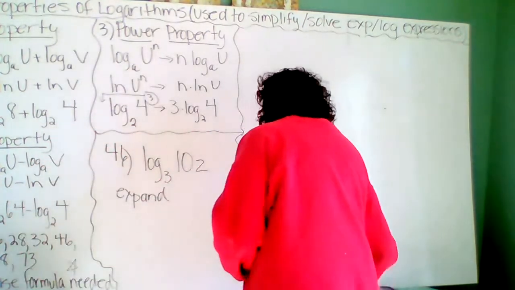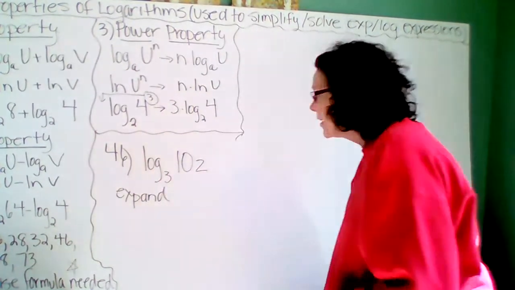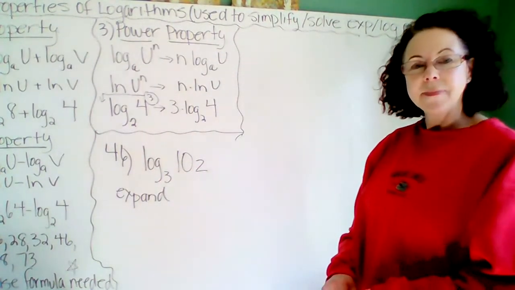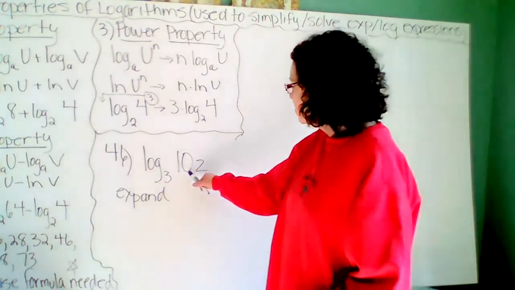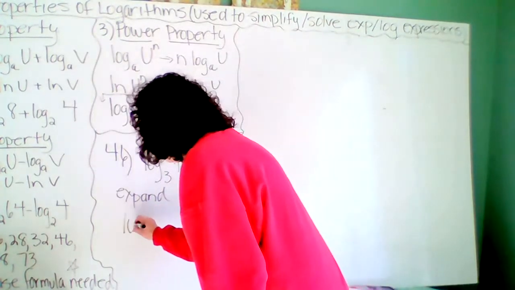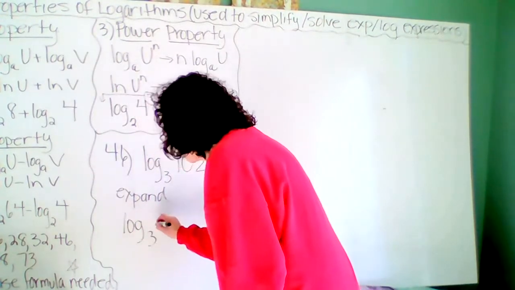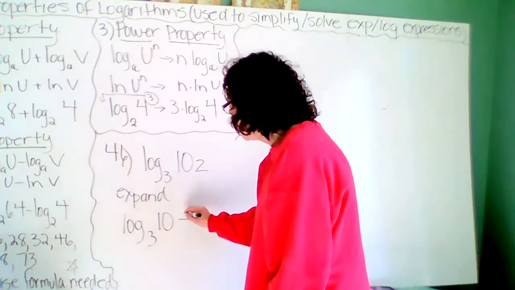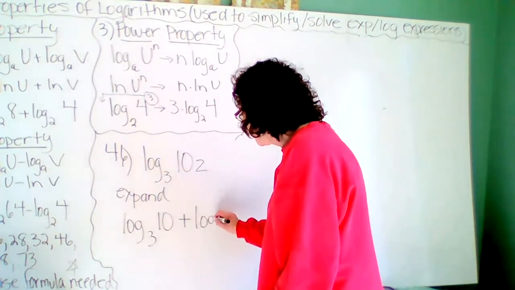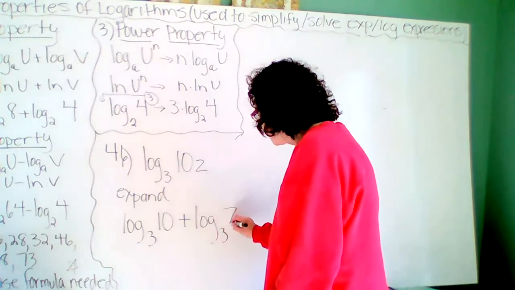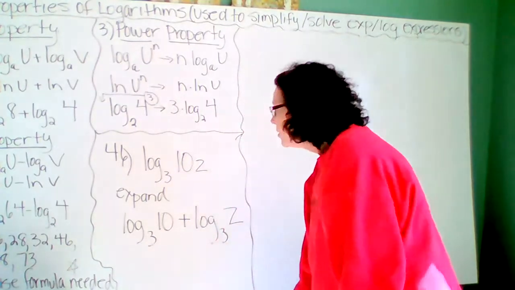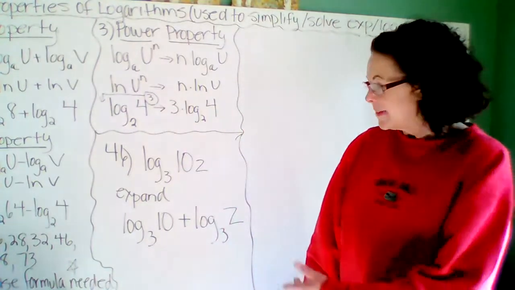It wants us to expand the expression. That means I see a multiplication here. So I will expand it to log base 3 of 10, using the product rule, plus log base 3 of z. Literally, that's it.